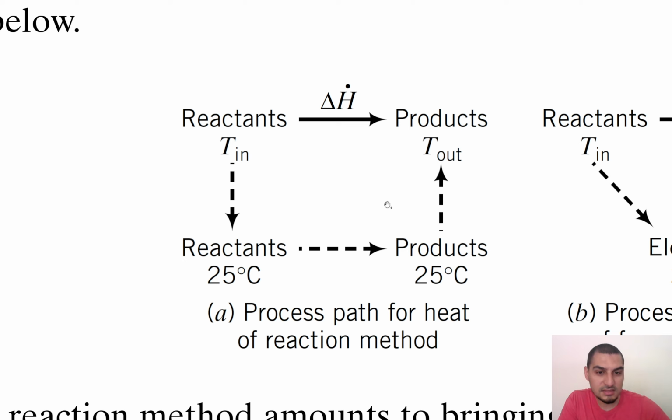Then I add this, so it's the same approach we do with any hypothetical path before. And if you remember what we did in chapter 8, this is exactly what we did. We assume a hypothetical path, and based on the hypothetical path we do the calculations, and we add the enthalpies of each one of the segments in the hypothetical path. So this is why I prefer to do it this way.